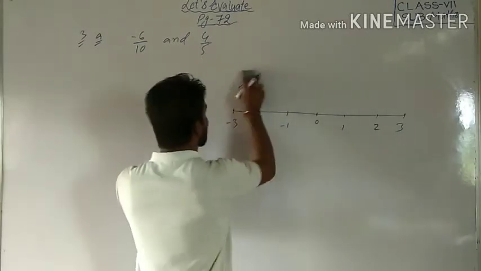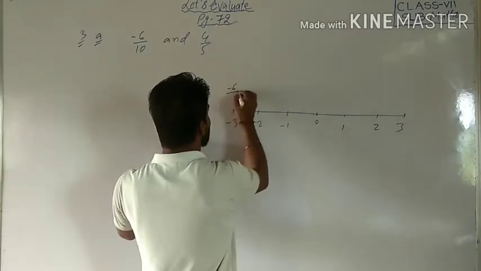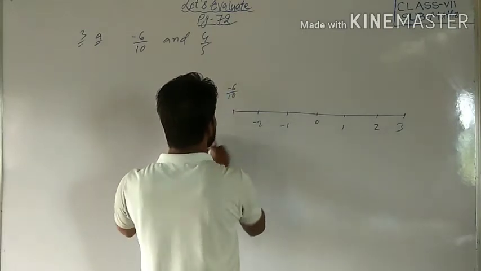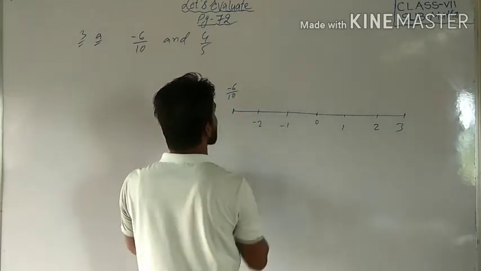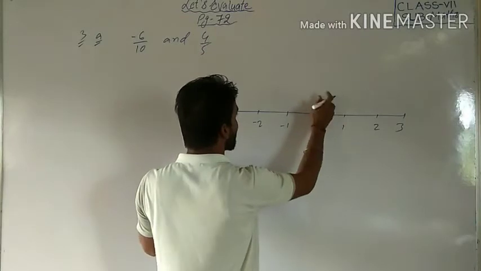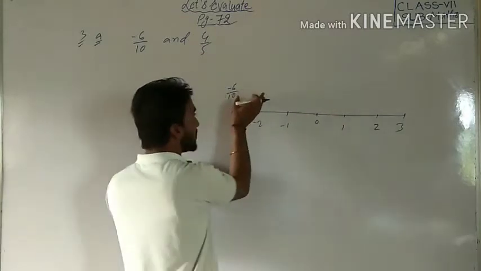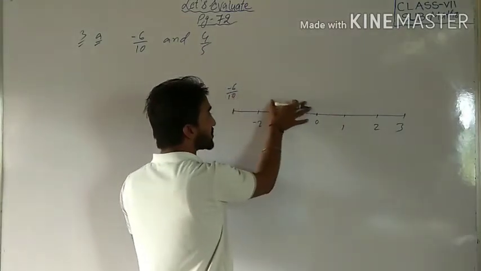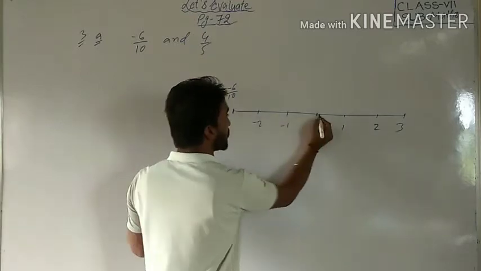Minus 6 by 10 is supposed to be here. Okay students, from here we complete the journey from this point to 0.